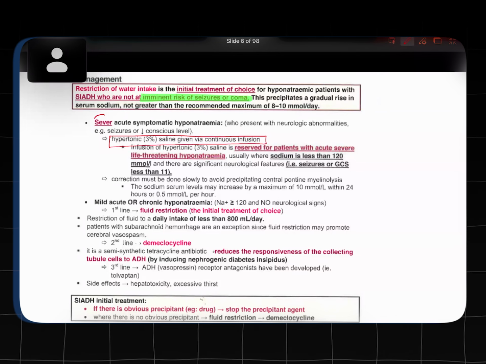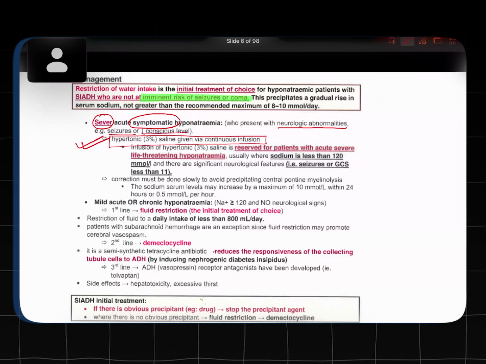But only if it is severe and if it is symptomatic. So who presents with neurologic abnormalities, that is seizures or poor GCS, then the treatment is 3% saline. Otherwise, 3% saline will not be the answer. If it is a chronic case or if the patient's GCS is full, no seizures, then you have to just go with the fluid restriction.